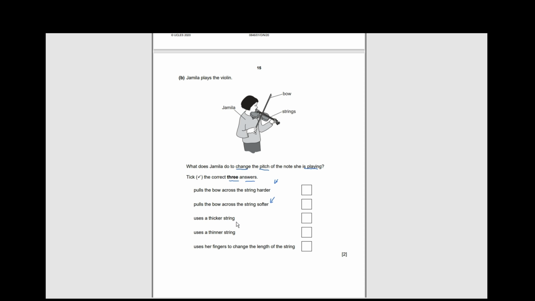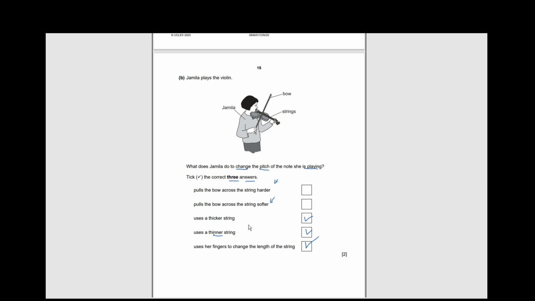Use a thicker string. Yes, you can say that. Use a thinner string. Yes, it will make the sound quicker.